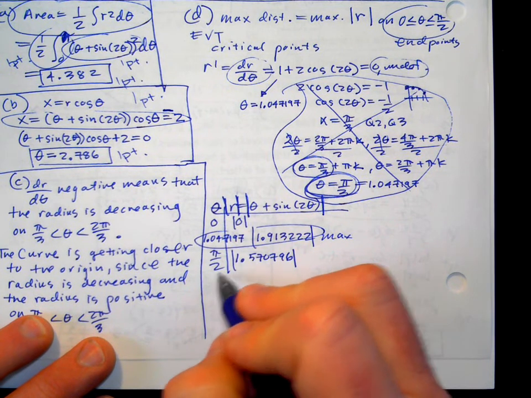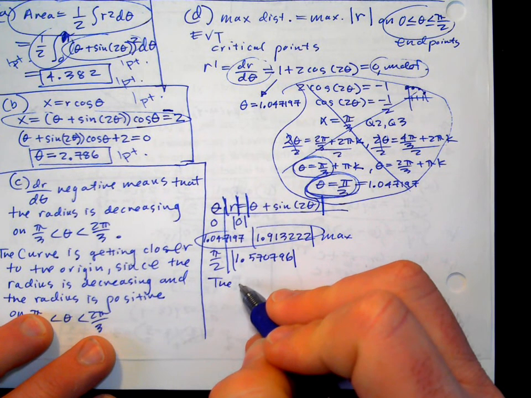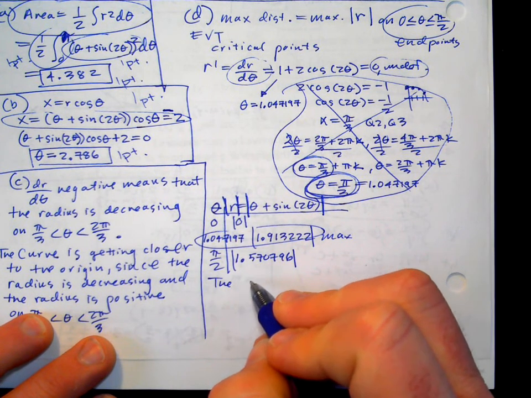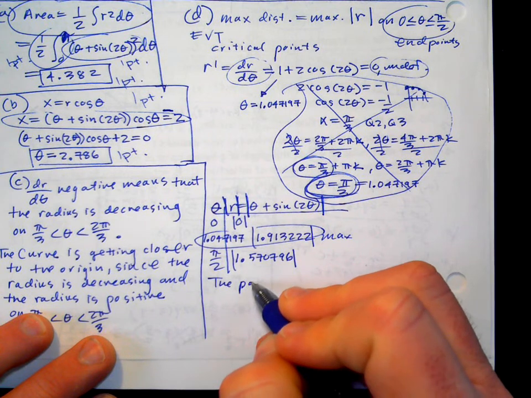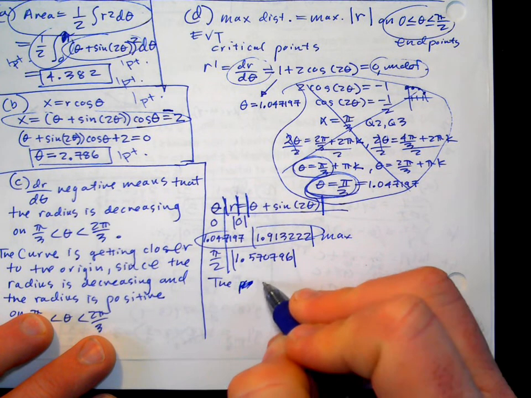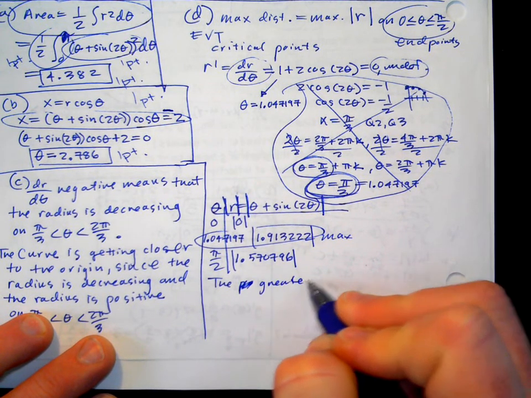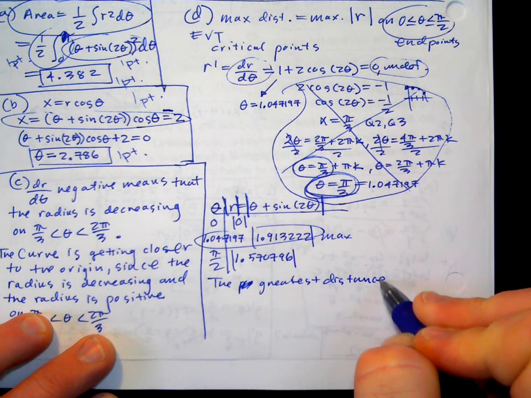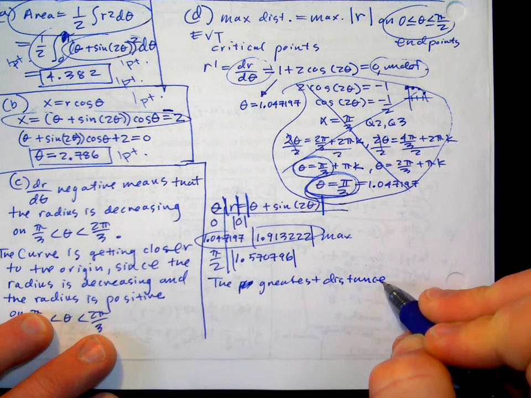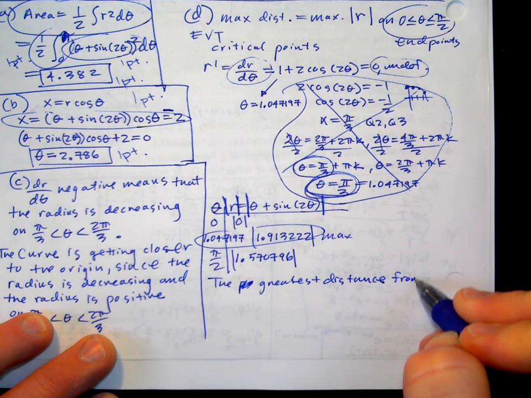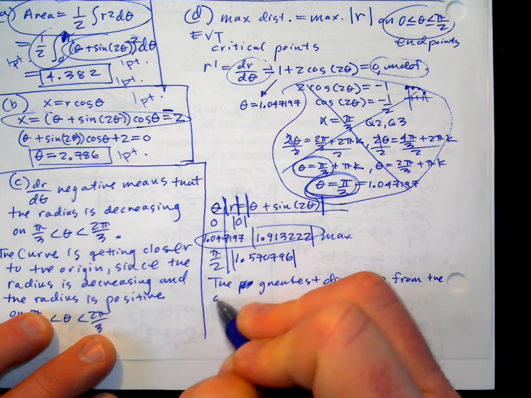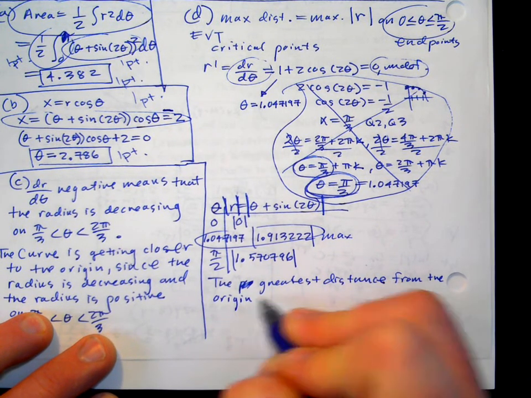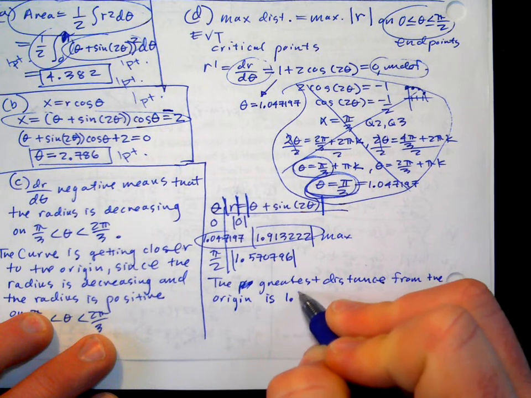We're going to say the point of greatest distance from the origin is 1.913.